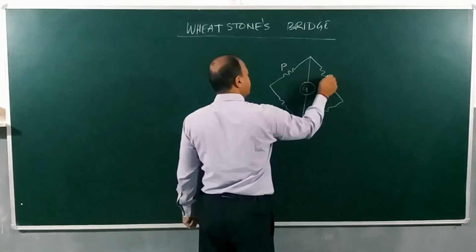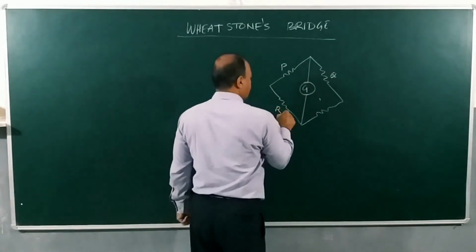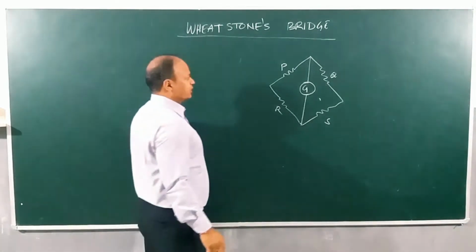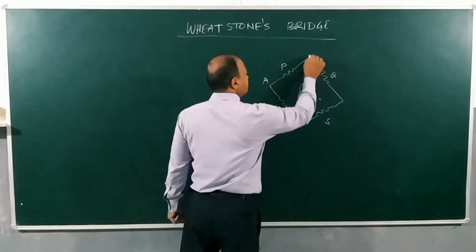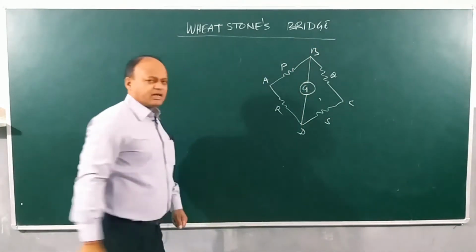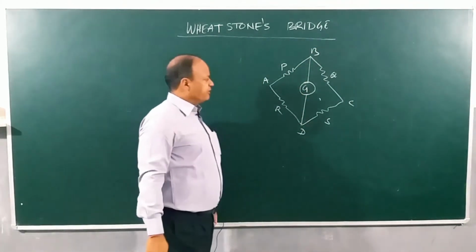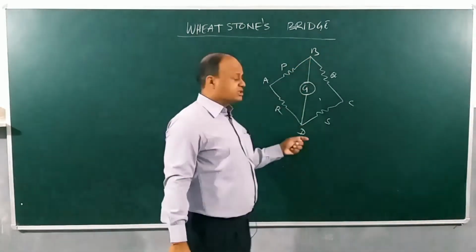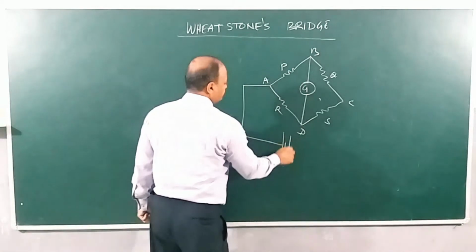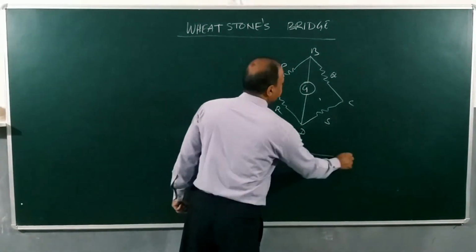The 4 resistances P, Q, R and S in adjacent arms we have connected. This point A, this is B, this is C and this is D, and the bridge is in the form of a galvanometer which is connected between points B and D, you can see, and here we are connecting a DC source. We can connect a key here.